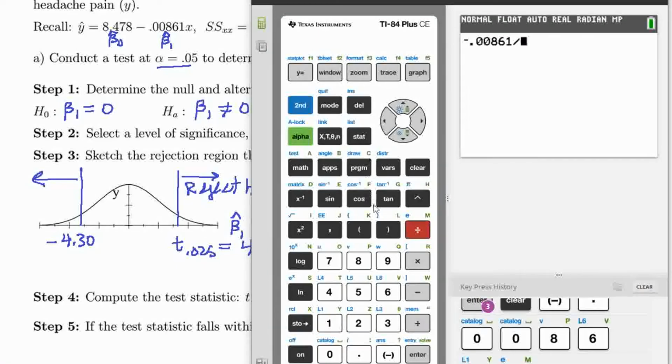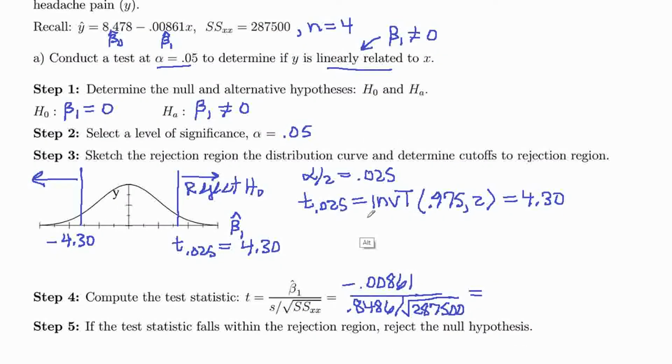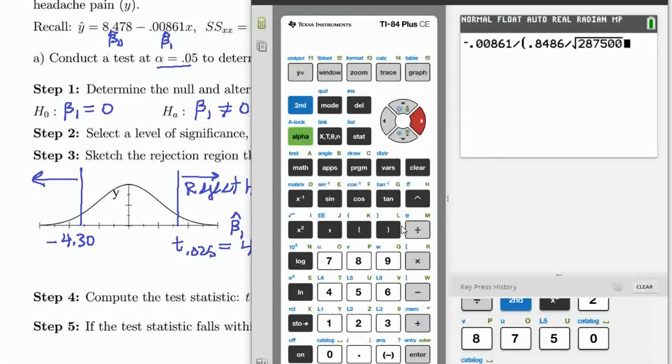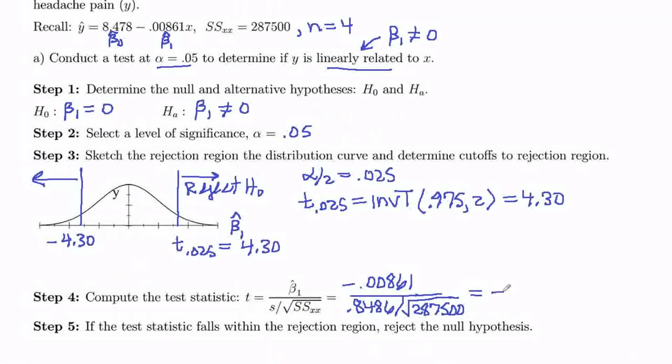And then we are dividing by, let's do some parentheses here. So 0.8486 divide by square root 287,500. Close up our parentheses, negative 5.44. So our test statistic, negative 5.44, out here somewhere. So there's our t-test, negative 5.44.